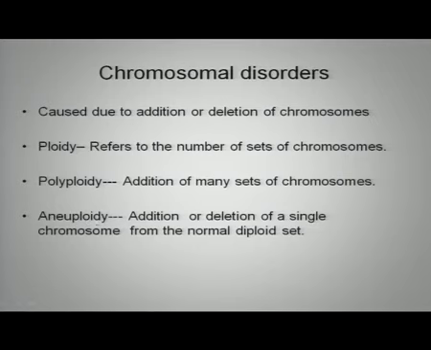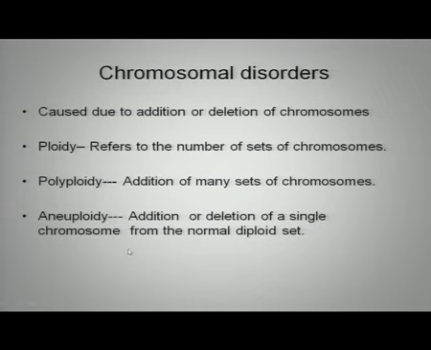Now, you might have heard about aneuploidy, addition or even deletion of an individual chromosome to the normal diploid set of chromosomes. For example, we human beings have 2n equals 46 chromosomes.